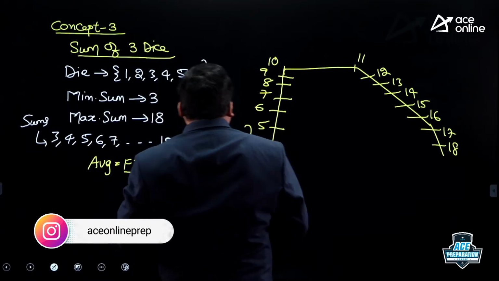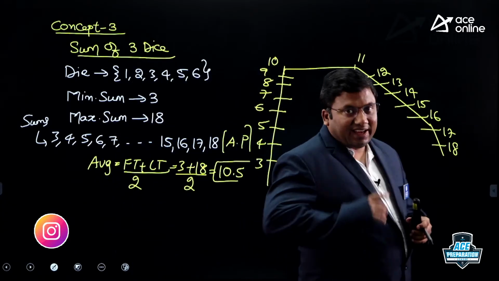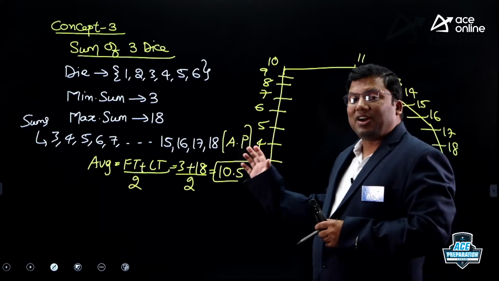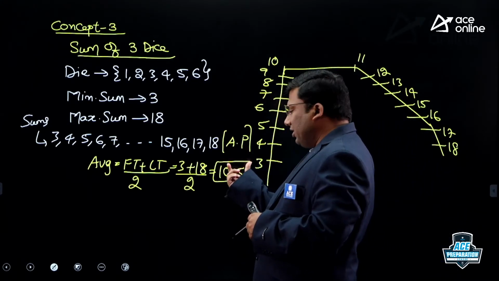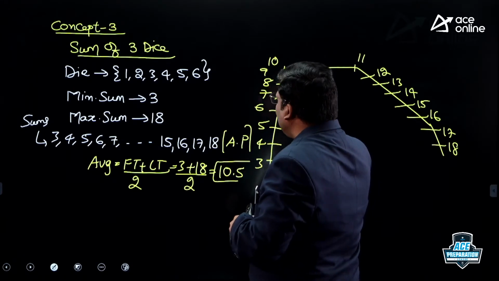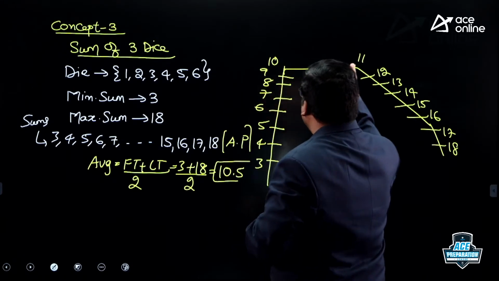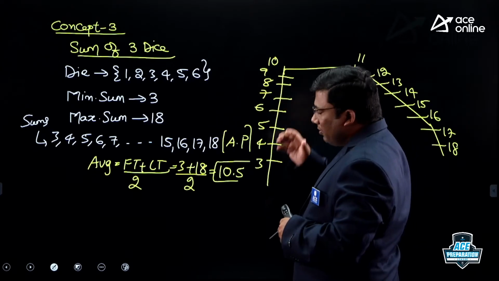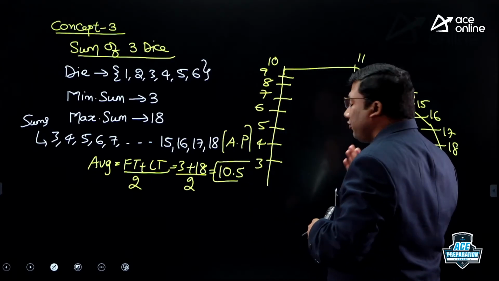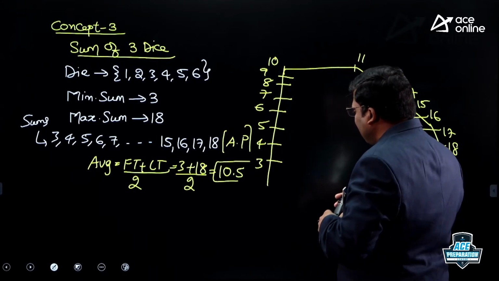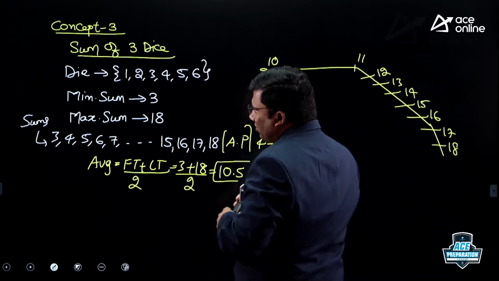Why is it not a triangle? Because the average is a decimal value, 10.5. I wrote a line. Here it is 10, here it is 11. Now see here.